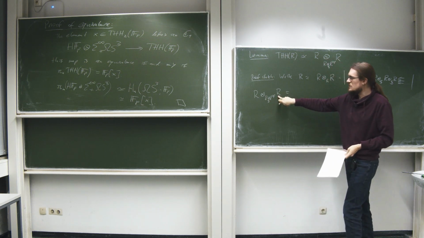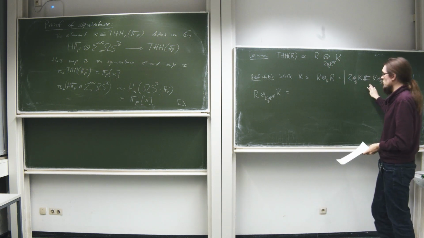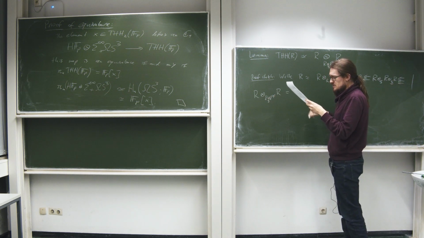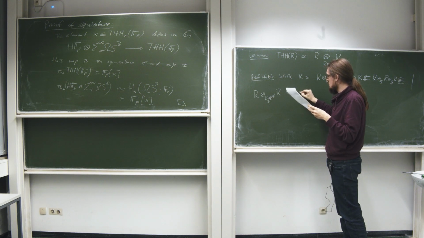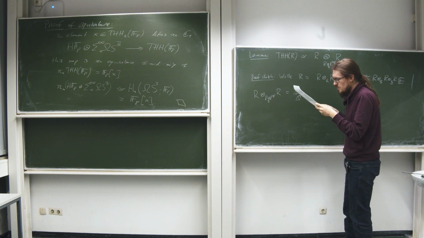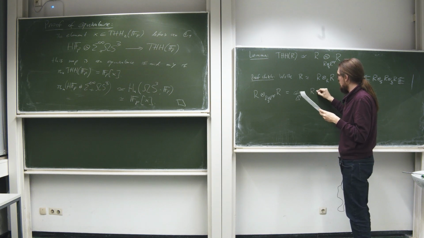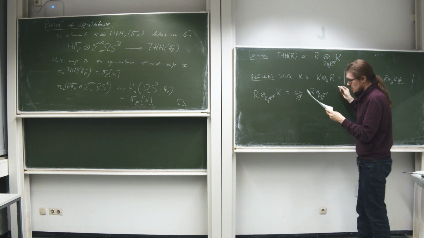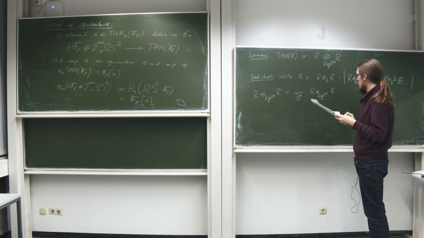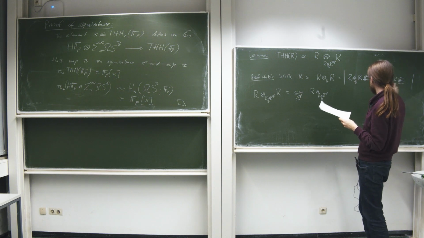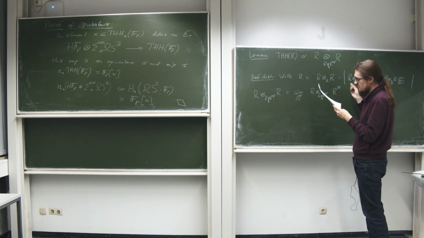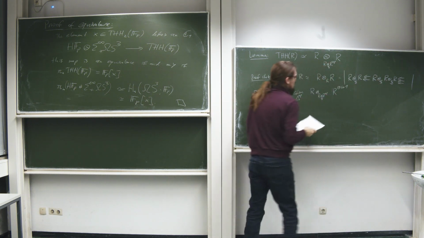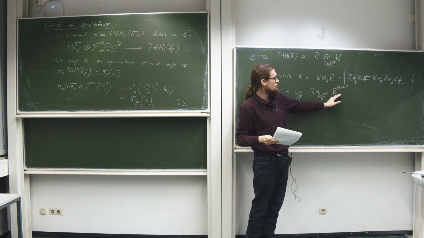So we simply write the second factor as this colimit, use that tensor products commute with colimits, and we see that this gives me a colimit over delta op of terms that are of the form R tensored over R tensor R op with the stages of this diagram, right? So in level S, I have something that looks like an S+1 fold tensor product of R.